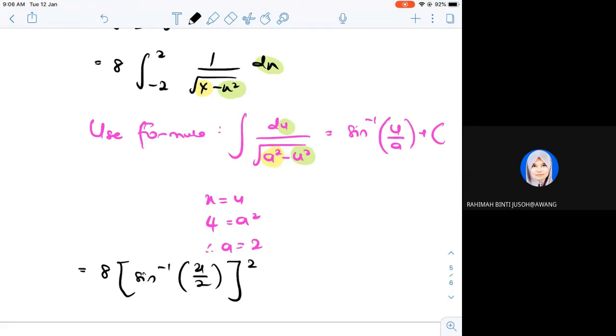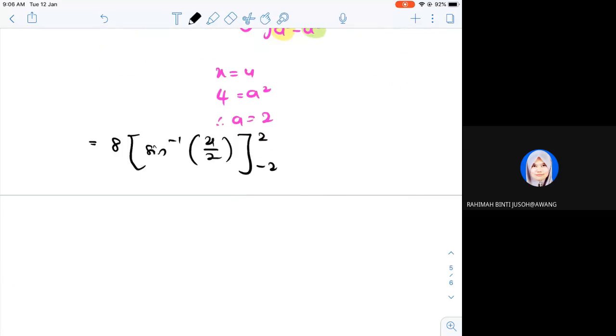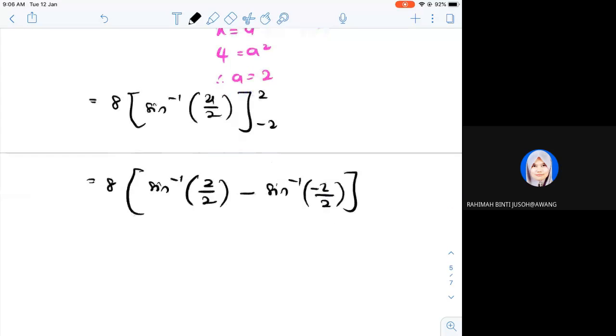Substitute 2 and negative 2. Boleh faham? Boleh. Okay, so now 8, we substitute the values of x. So kita akan ada arcsine 2 over 2 minus shift sine negative 2 over 2, like this, which is 8. Shift sine 2 over 2 is 1. Use your calculator. So shift sine negative 1.